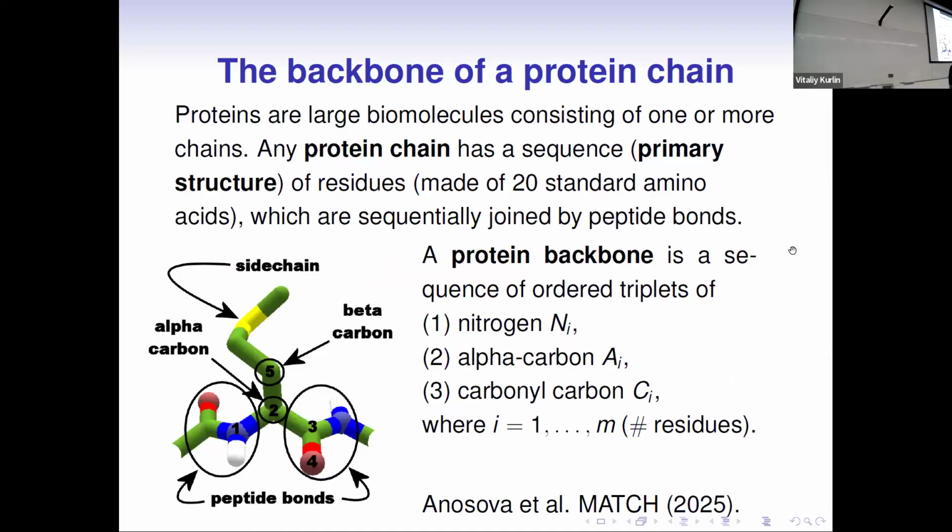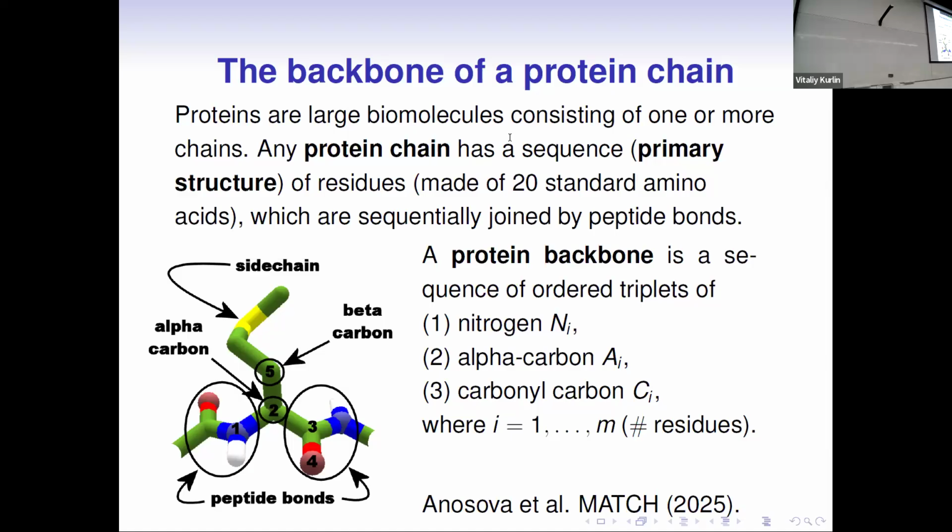So what we did, we started from the simple thing, the protein backbone. And the protein backbone is the heart of every protein chain. Because proteins, in fact, are just large biomolecules that are formed by 20 amino acids. Well, approximately 20 typical amino acids. In crystals, they can combine in very complicated periodic structures.